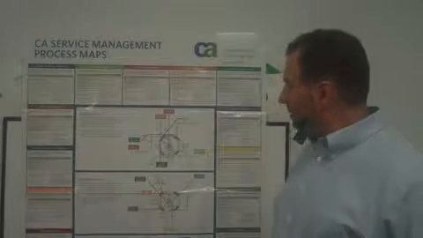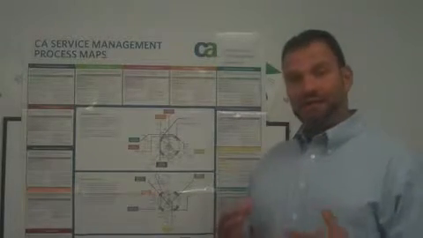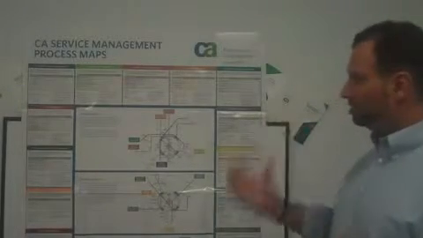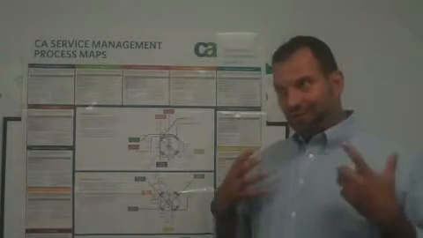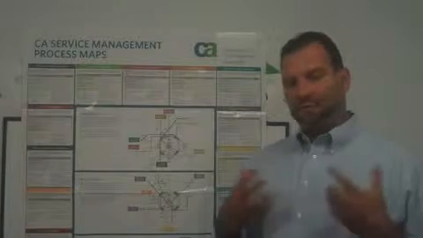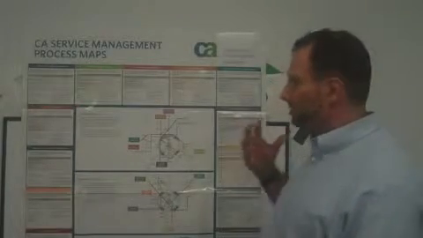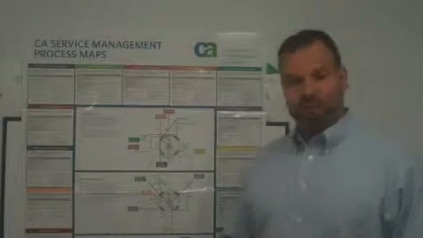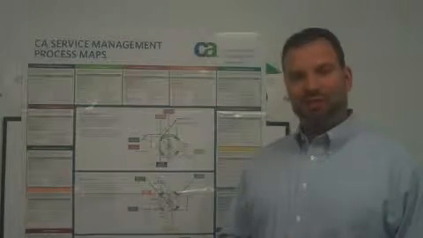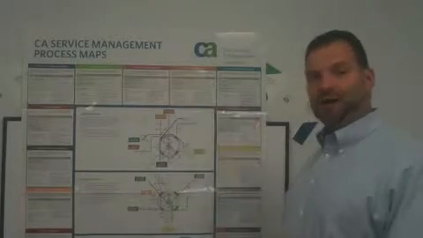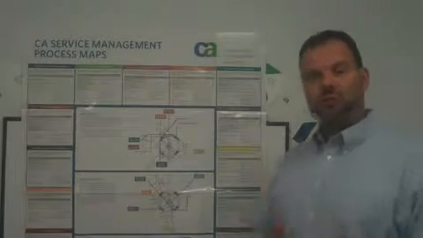Well, basically, let me just take a step back and tell you what we did with the process maps. We understood by listening to customers that visualizing ITIL and the processes and interrelationships was really difficult. So we looked at a subway map and we said, geez, that's a great way to represent the ITIL processes and how the processes cross over.